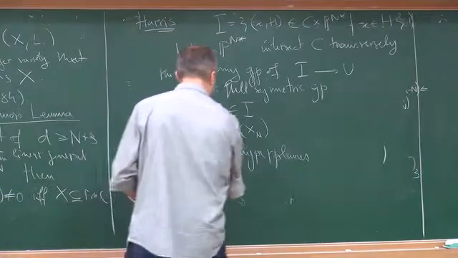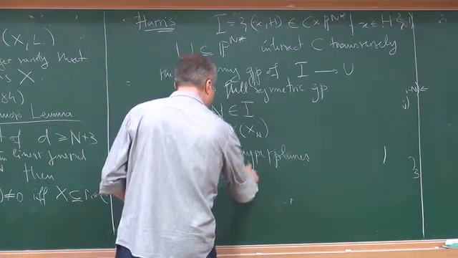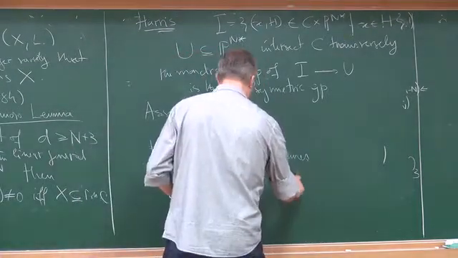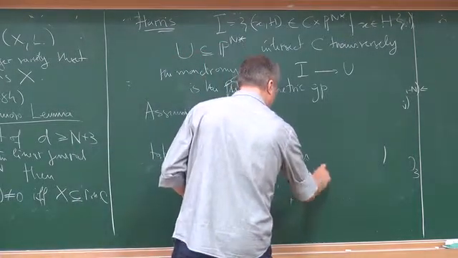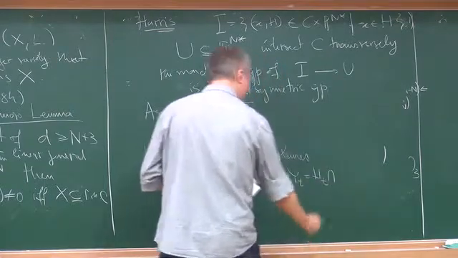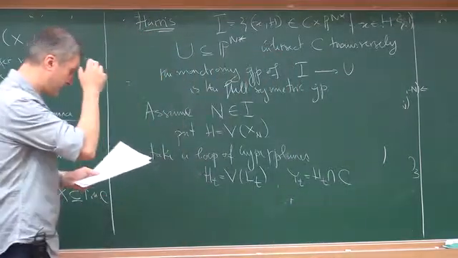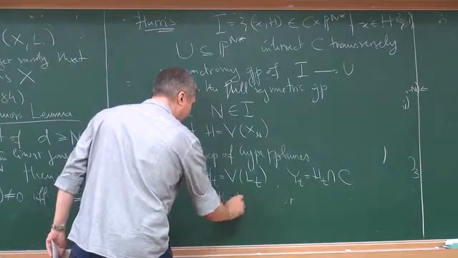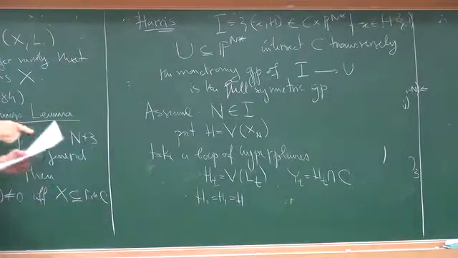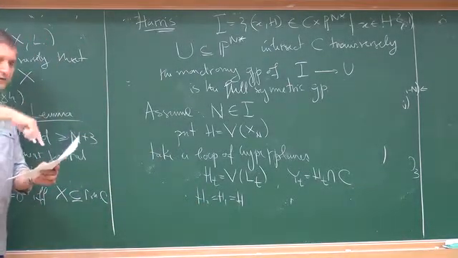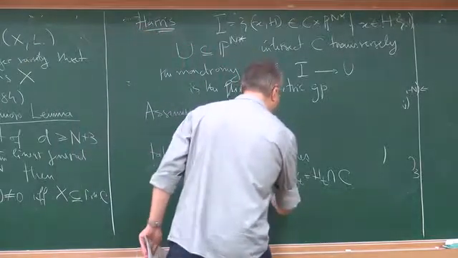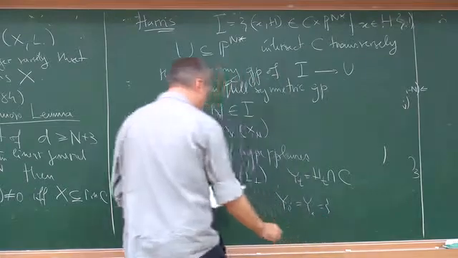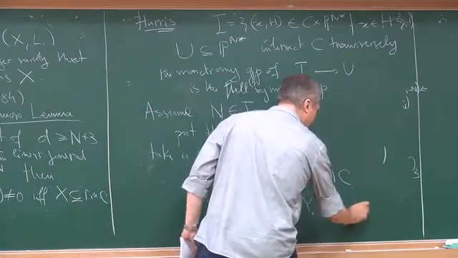Let's call h_t to be V of l_t, so Y_t to be h_t intersect with C. h_0 is h_1 equals h. So we start from h, we take hyperplanes, and we go back to h. So Y_0, Y_1 will be the coordinate points P_0, ..., P_{n-1}.